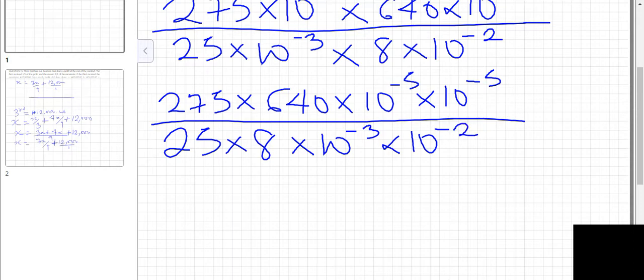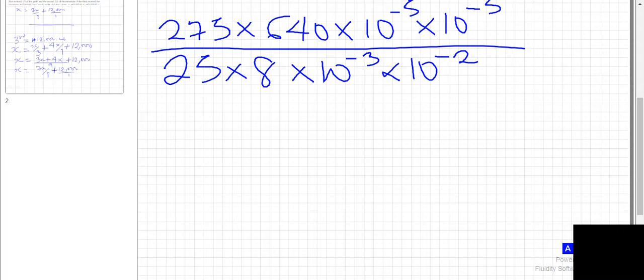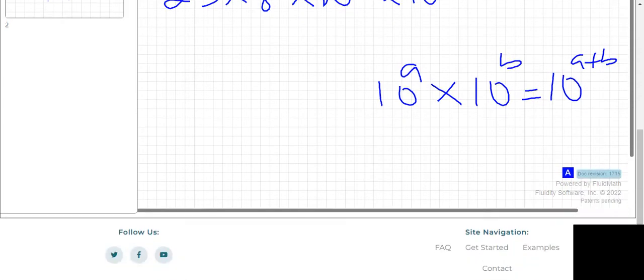Now remember, in our indices, when we have two numbers with the same base and different powers, like 10 raised to power a multiplying by 10 raised to power b, our solution will be 10 raised to power a plus b. Hope you remember that in your indices.